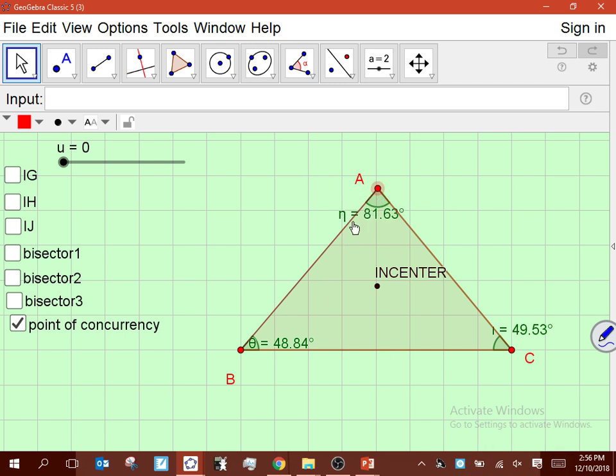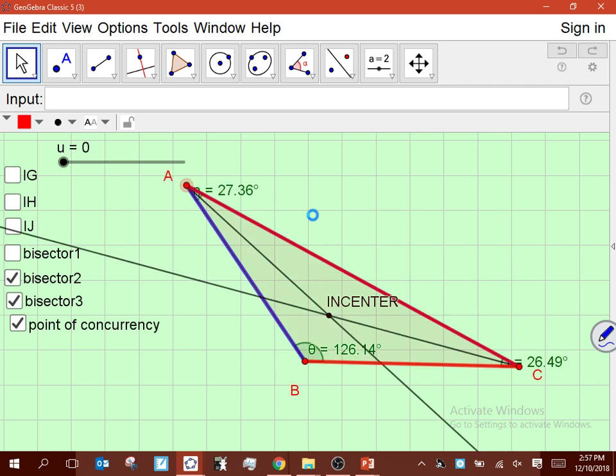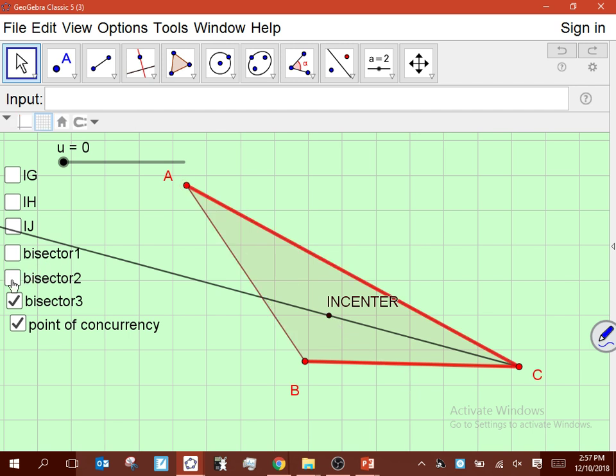The purpose of this, okay? We said that the incenter is going to be the point that is equidistant from all three sides of the triangle, correct? Now, I'm interested in finding that distance.